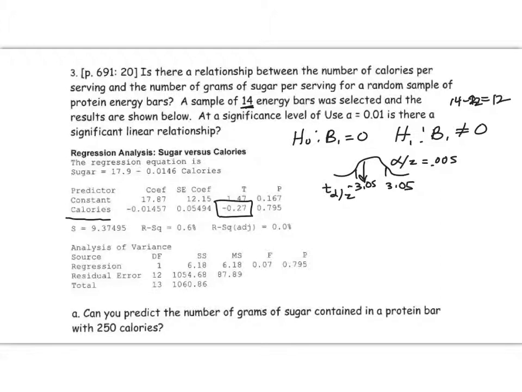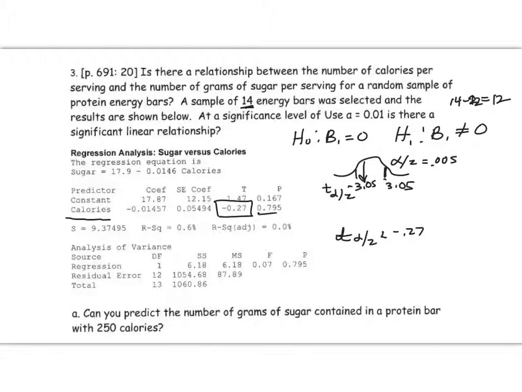So t alpha over 2 is less than negative 0.27, or my test statistic, and this t alpha over 2 is greater than. So we would fail to reject that.